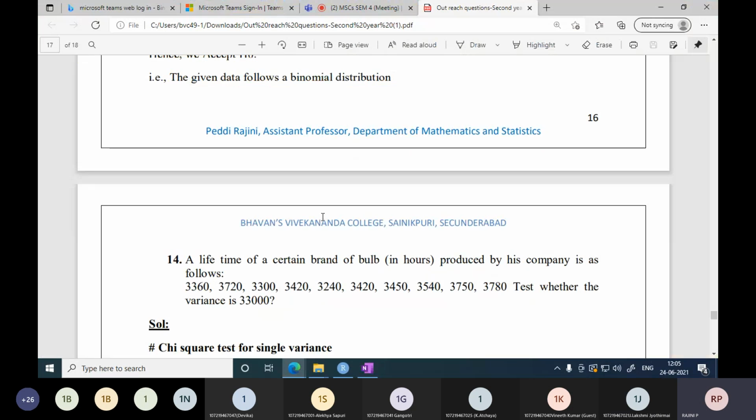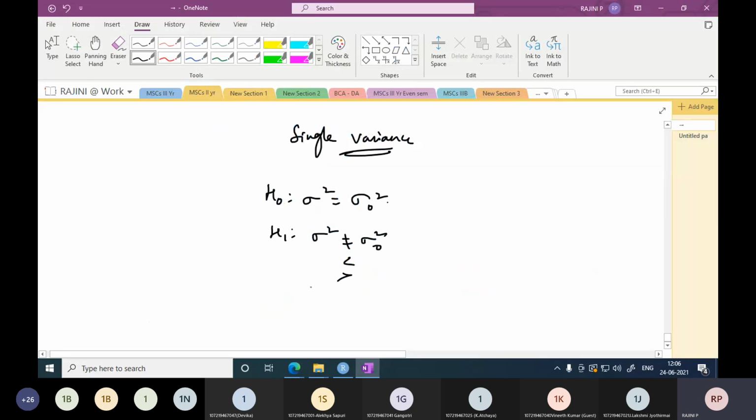Here, what is the sigma naught square? 33,000. So H naught: sigma square is equal to 33,000. What is H1 in this question? Sigma square not equal to 33,000. Okay, very good. And what is the level of significance?